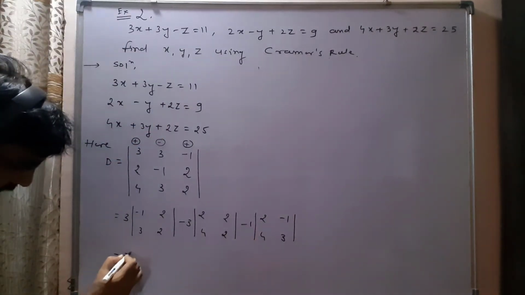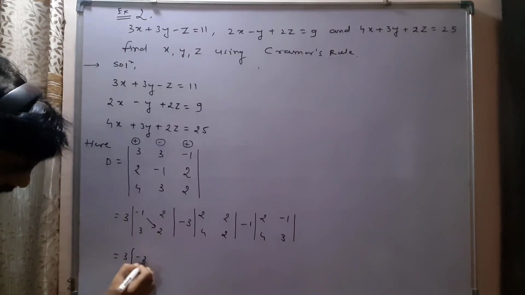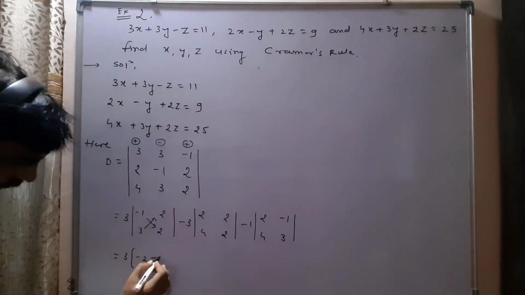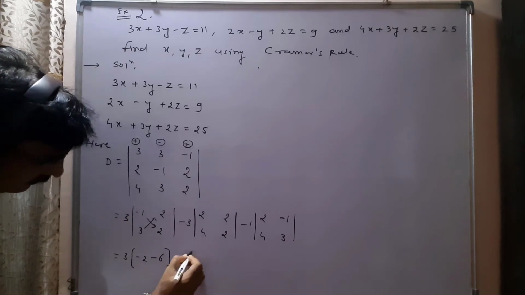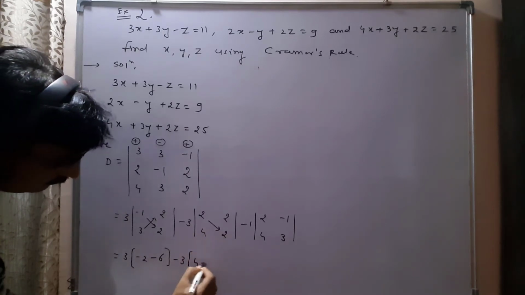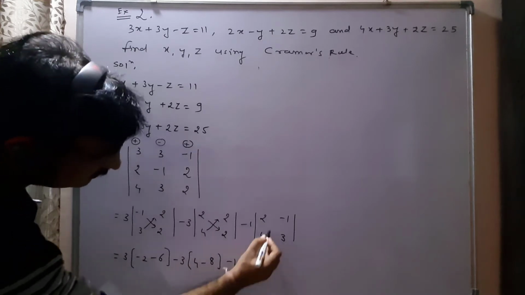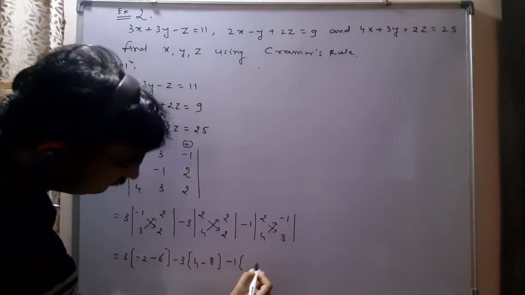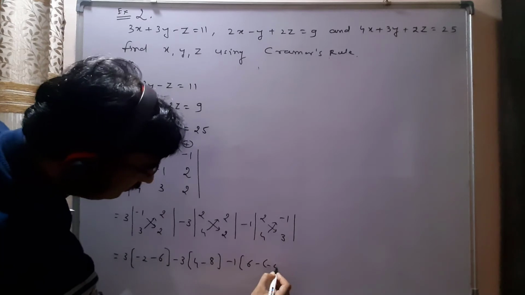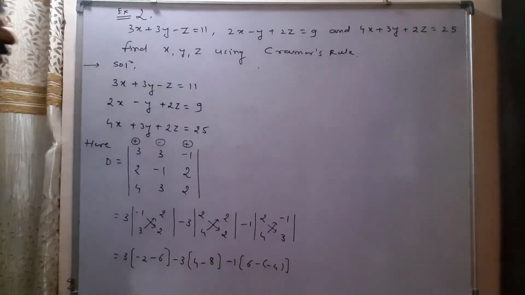Now take cross multiplication, minus 2, minus 6. This is 4 minus 8. This is again cross multiplication, 6 minus of minus 4.